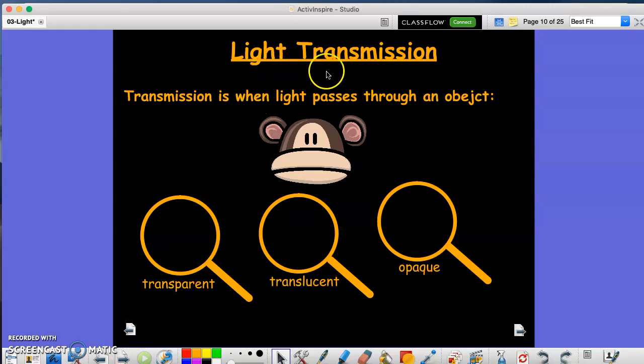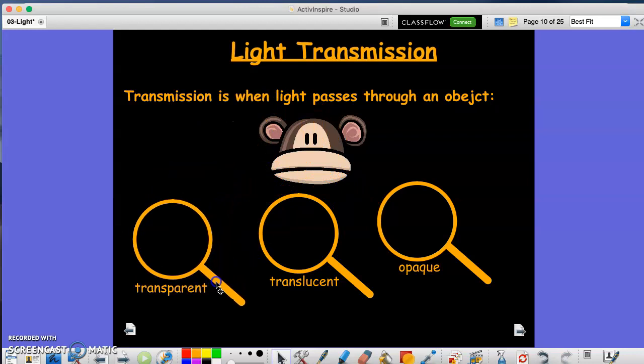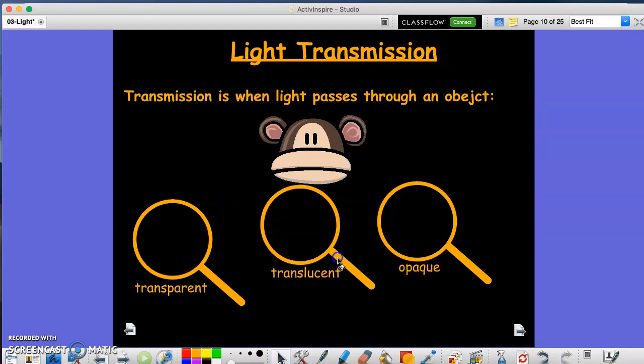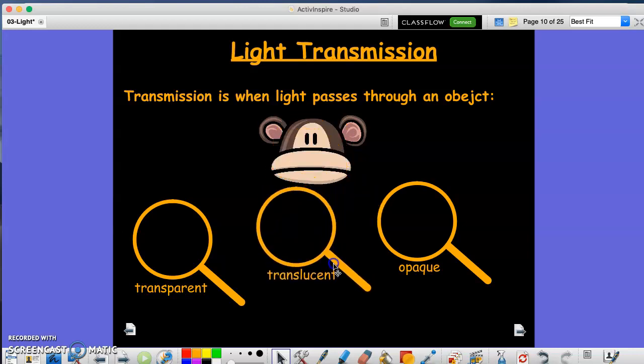So, light transmission. Transmission is when light passes through an object. When something is transparent, we can see all the way through it. When something is translucent, we can see it a little bit. Some light passes through that.